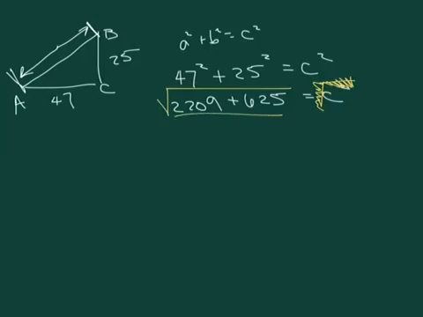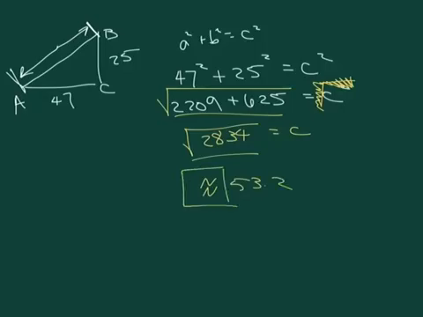So 2209 plus 625 is 2834. And that equals c. So take the square root of 2834, and you get approximately 53.2. That's what that symbol means, approximately 53.2 yards.